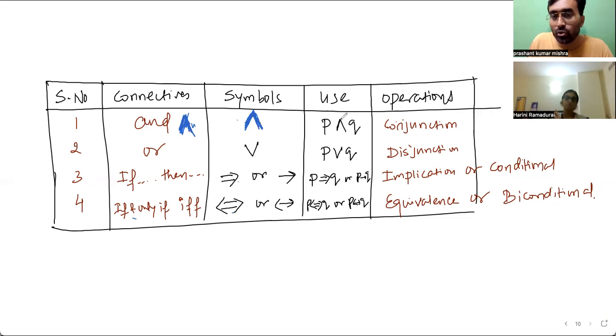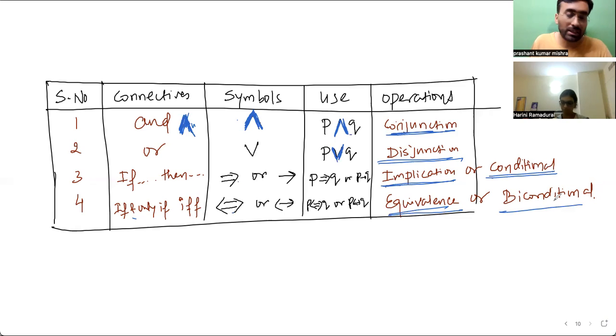So this is the and symbol, this is the or symbol. And is called conjunction, or is called disjunction, this is called implication or conditional, and this is equivalence, or biconditional. Got it? Noted?